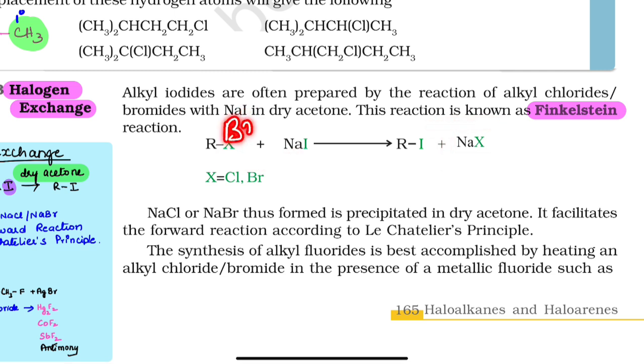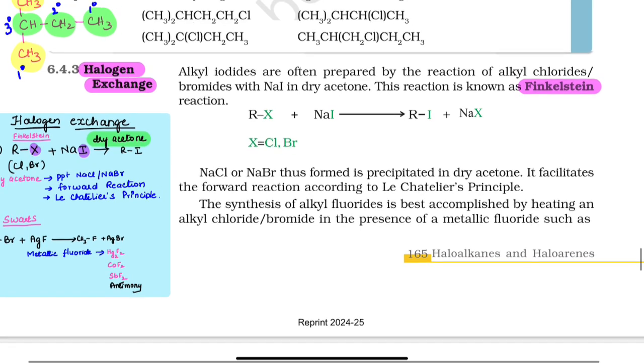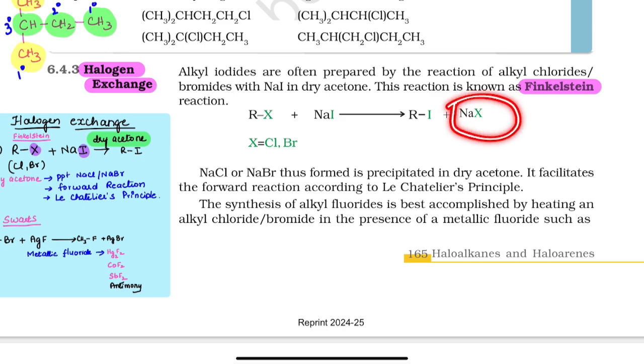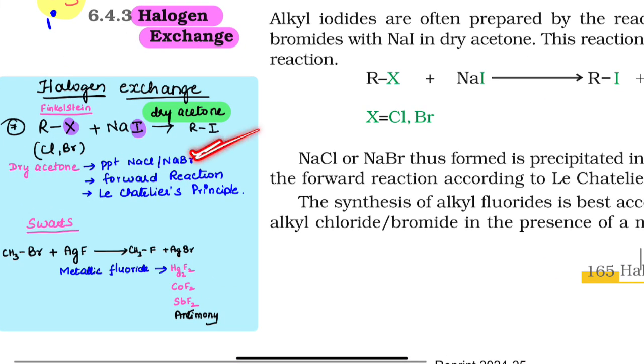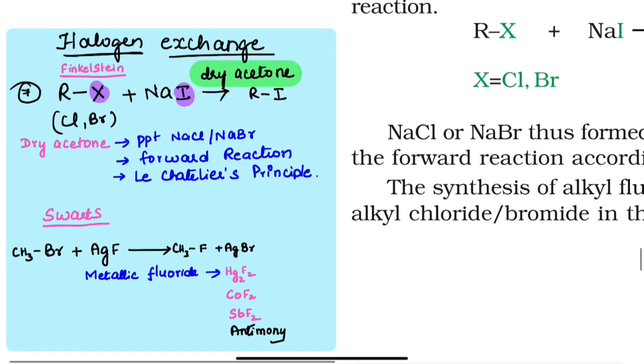If it is Br, Na will combine with Br and NaBr will be formed. The NaBr or NaCl formed will be precipitated by dry acetone. Precipitated means it will be in solid form, which you can separate out. Remove this, and you will have only this product. So to precipitate NaCl and NaBr, we are using dry acetone.